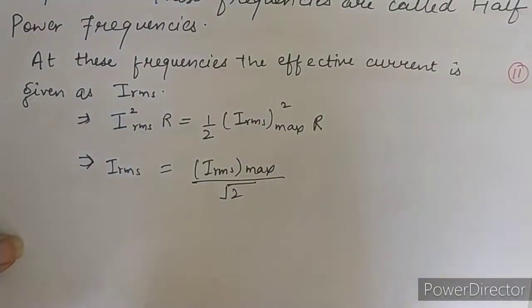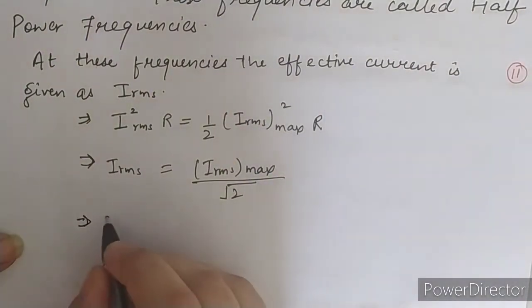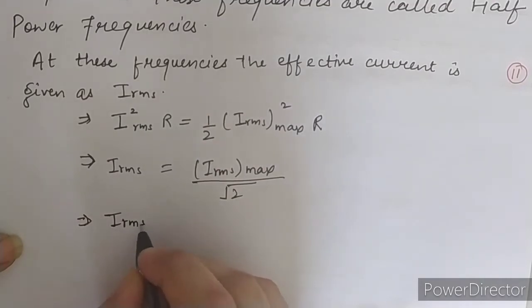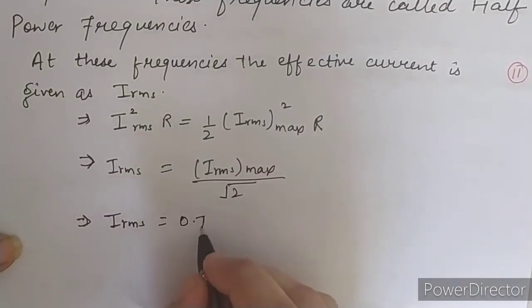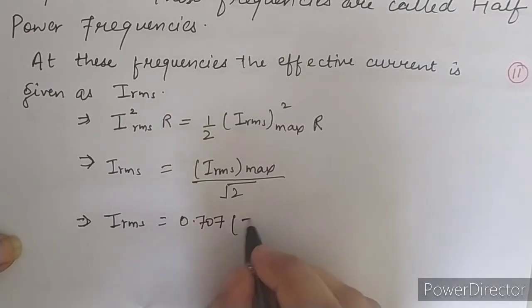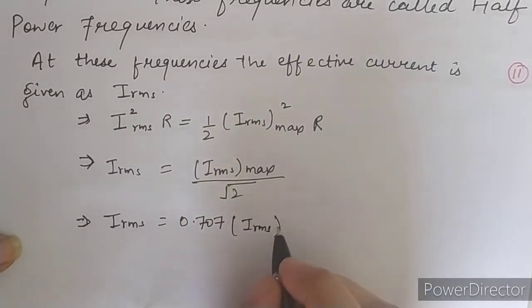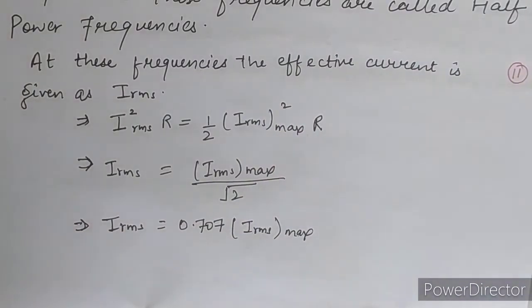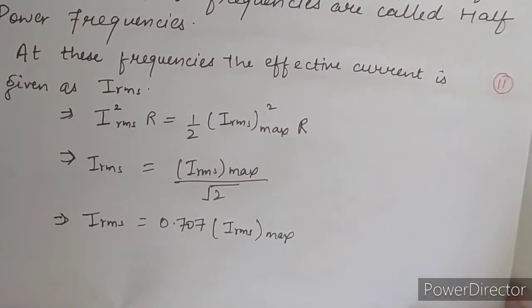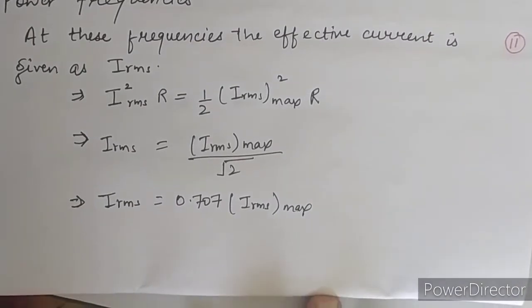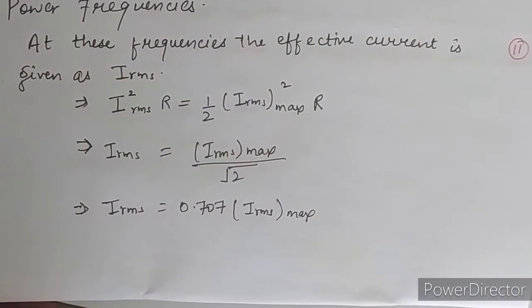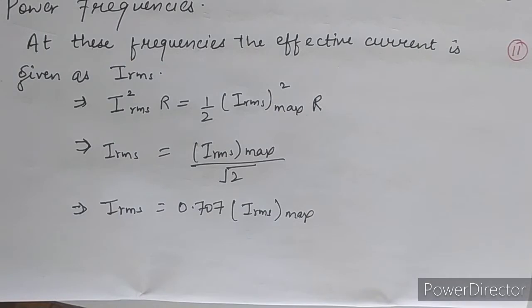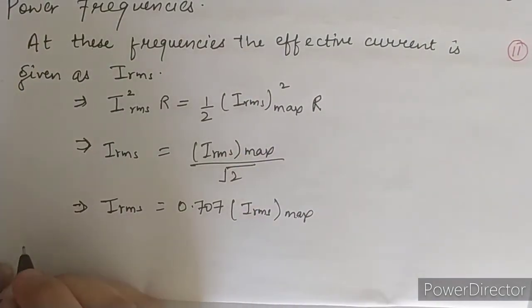If we divide this value, we get IRMS equal to 0.707 of IRMS maximum. Clear? Get my point? This is the maximum value.